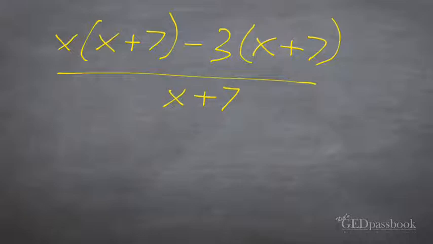What you could do is, if you ever find matching terms, such as this x plus 7, this x plus 7, and that x plus 7, you could literally just cross them out, leaving x minus 3, which is my answer. You see that?